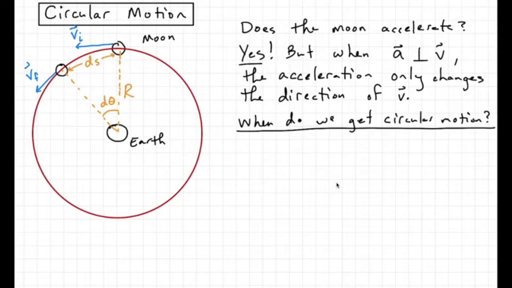So ds is an arc length. And you may recall, or may not recall, from math that you can always write an arc length as the radius times the angle swept out. And I won't derive that here, but it's not too hard to derive, and we can go through it later if you want. Okay, so that's one triangle.